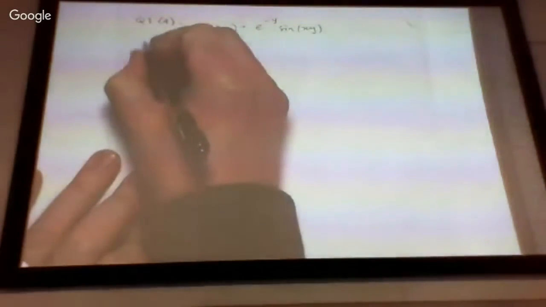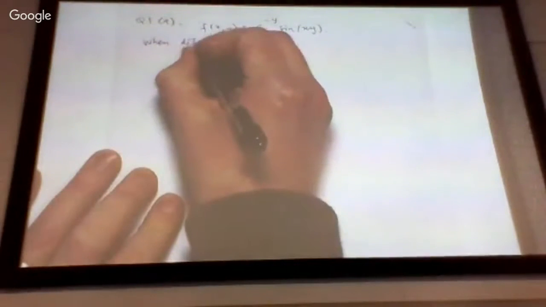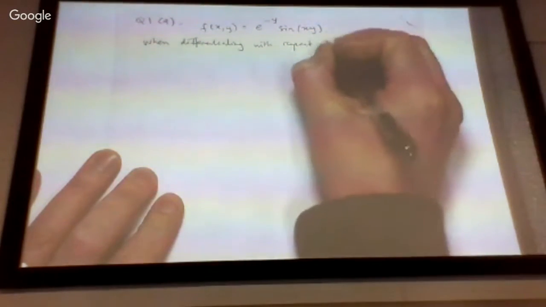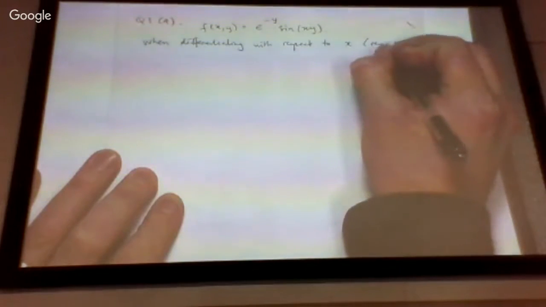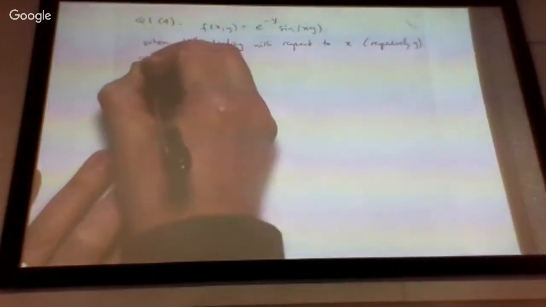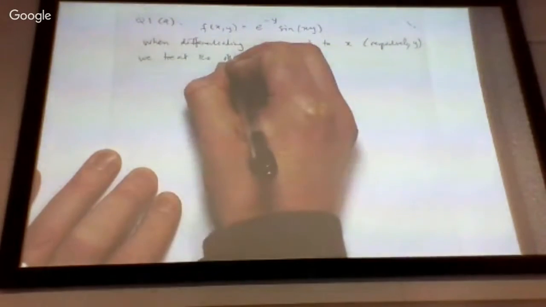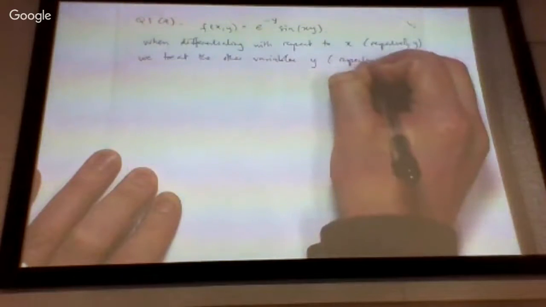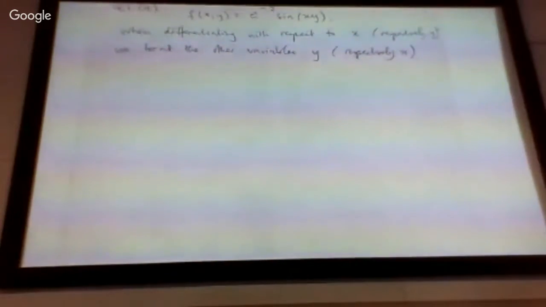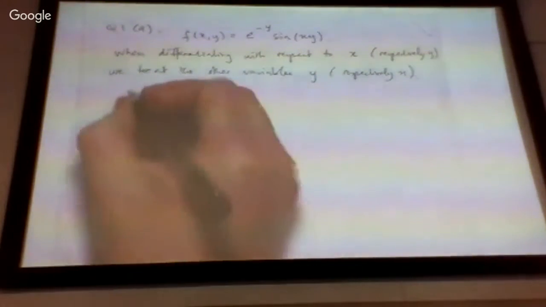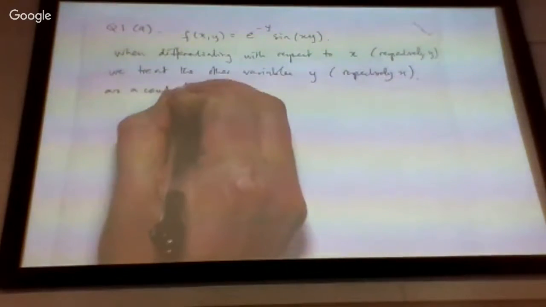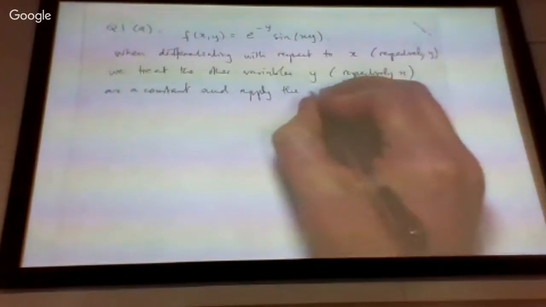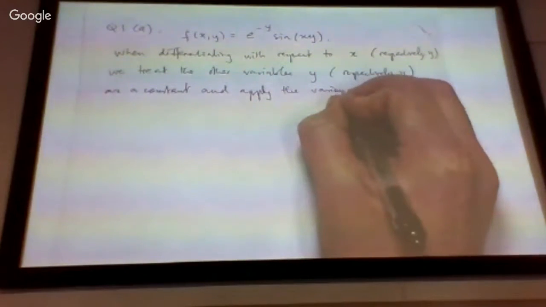I would kick off into this with a comment saying when differentiating with respect to x, or respectively y, we treat the other variable, y, or respectively x, as a constant, and apply the usual various single variable differentiation results.